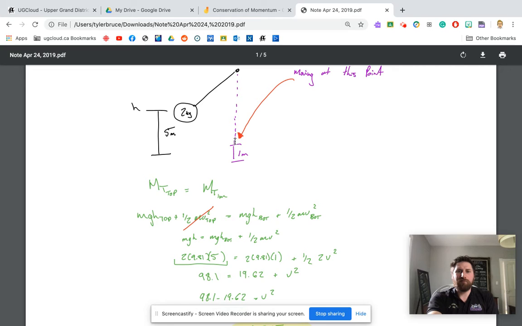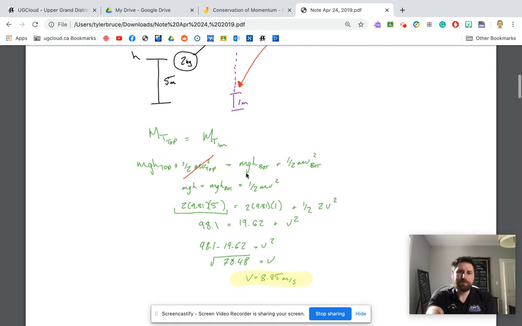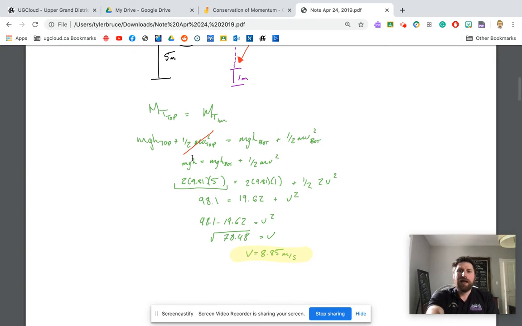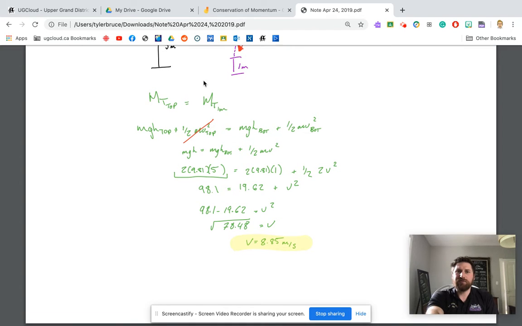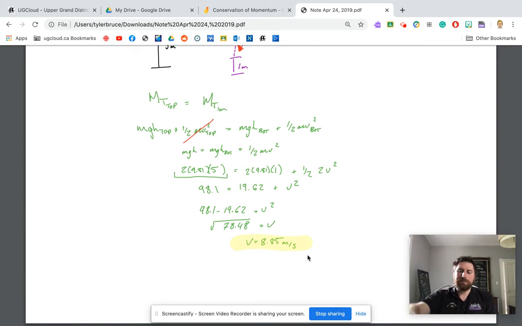So right before it goes in between Michaela and Maggie, all we would do is say that the total mechanical energy at the top is equal to the total mechanical energy at the bottom, 1 meter above. So mgh plus 1/2 mv² equals mgh plus 1/2 mv². We're going to just rearrange, and for this particular situation, the velocity is 8.85 meters per second right above the top.